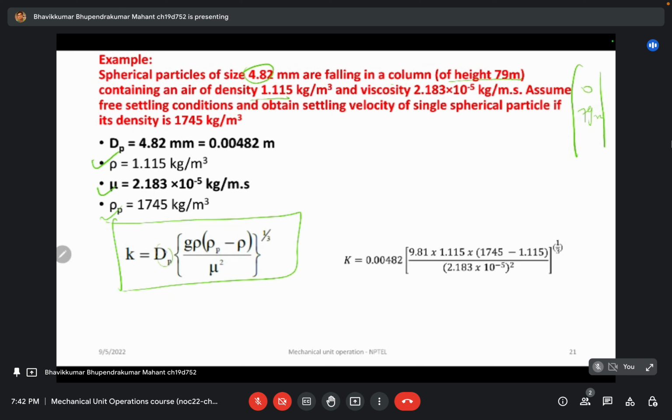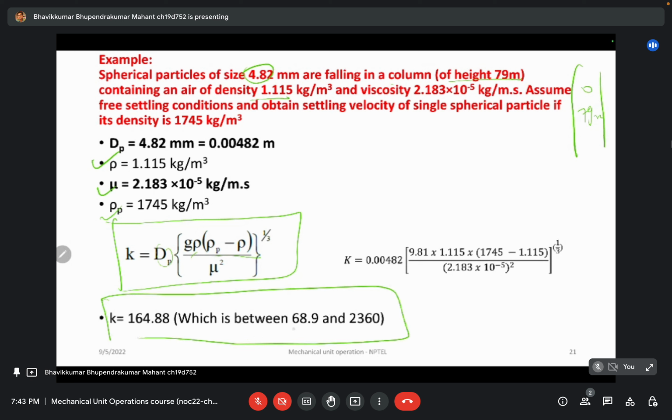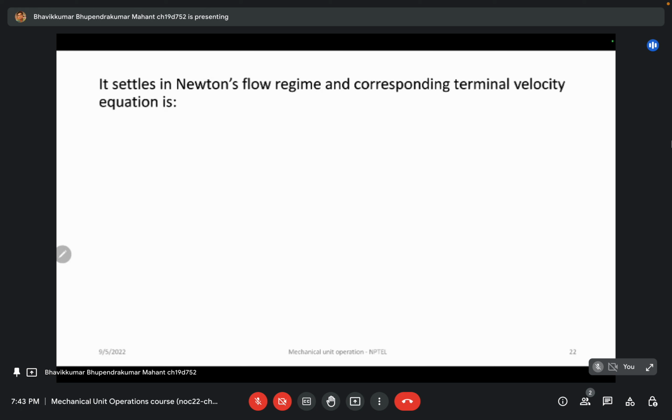If you substitute the values of all the quantities in it, you will get the value of k as 164.88, which is obviously more than 68.9, between 68.9 and 2360. So you can go for the Newton's law regime and find the terminal settling velocity.